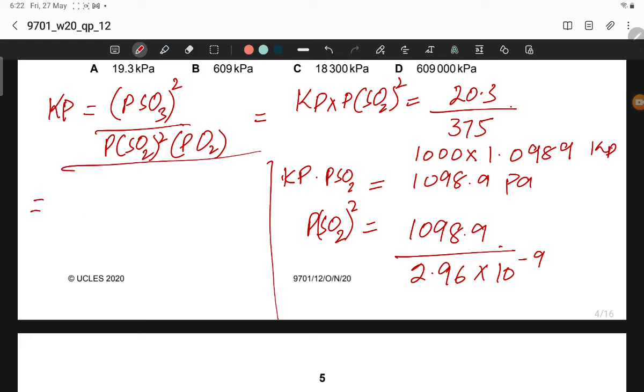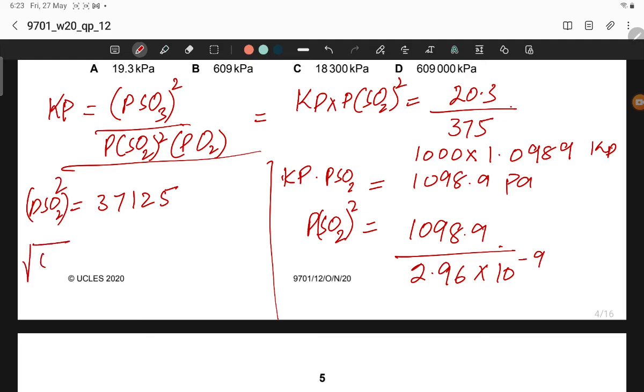This is equal to 37125 Pascal, which is the square of SO2.